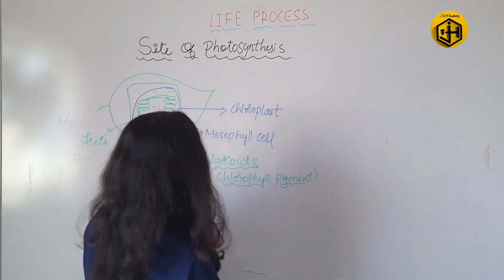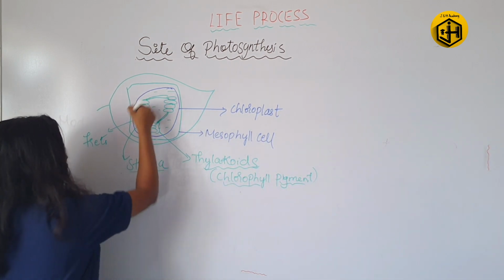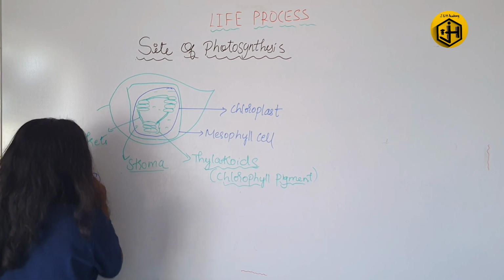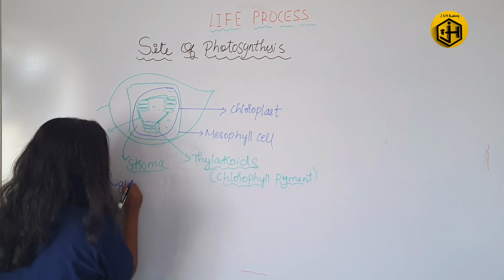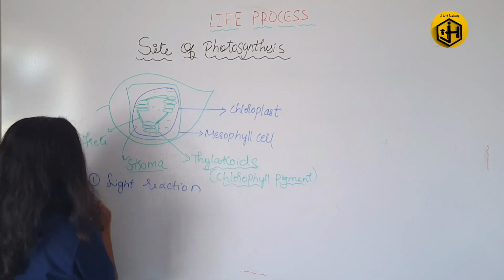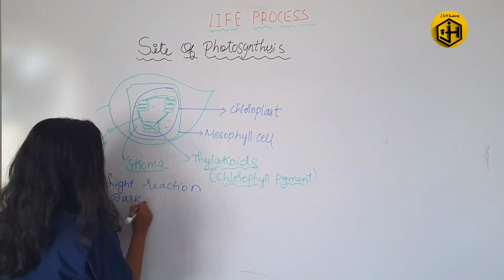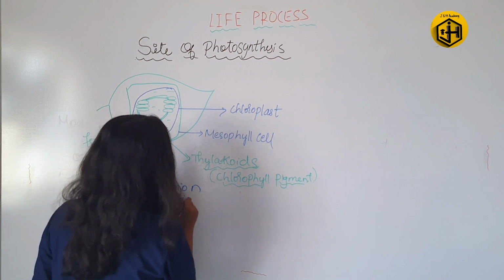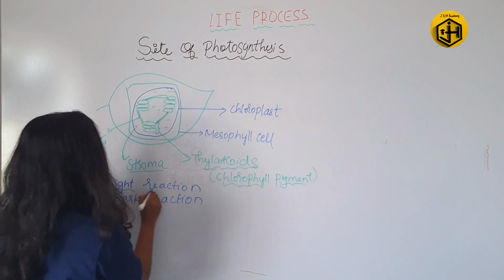There are two reactions taking place in this chloroplast. One is called the light reaction. The second one is the dark reaction. So what is this light reaction?